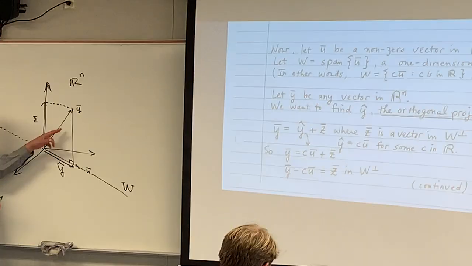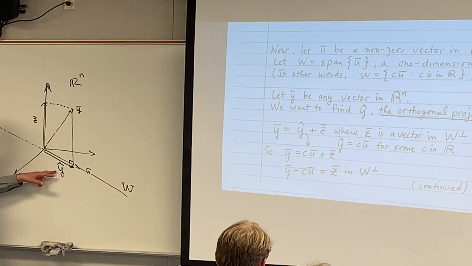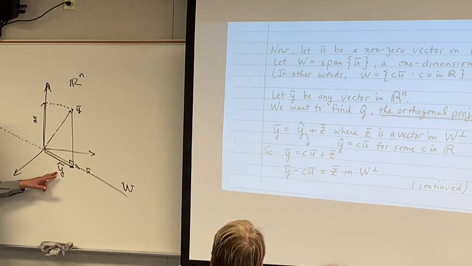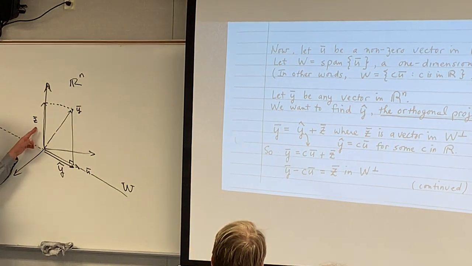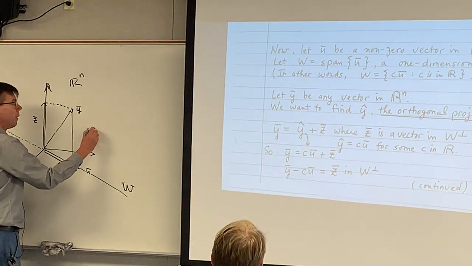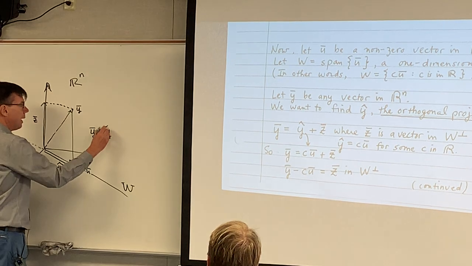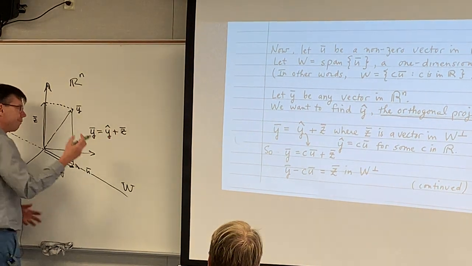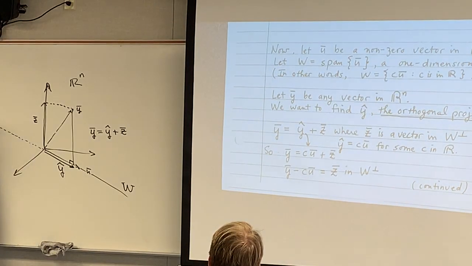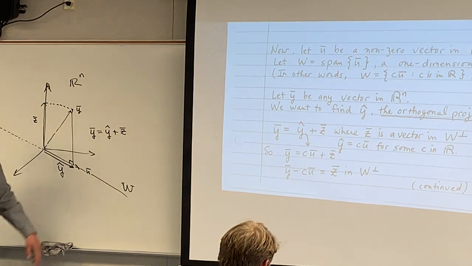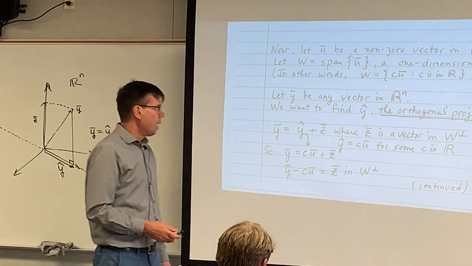We're trying to decompose y into a vector parallel to u and a vector perpendicular to u. So y bar is equal to y hat plus z, and that's just the notation our textbook chooses for this. This is just the parallel perpendicular decomposition from 110C.